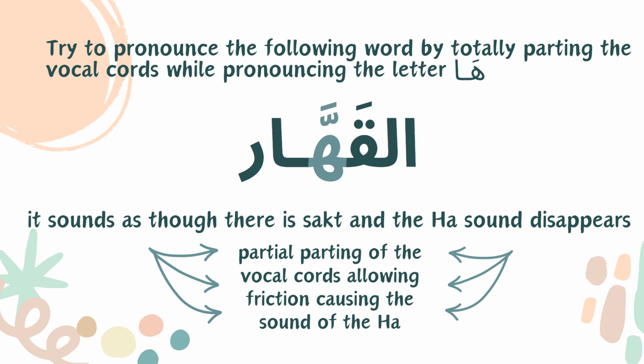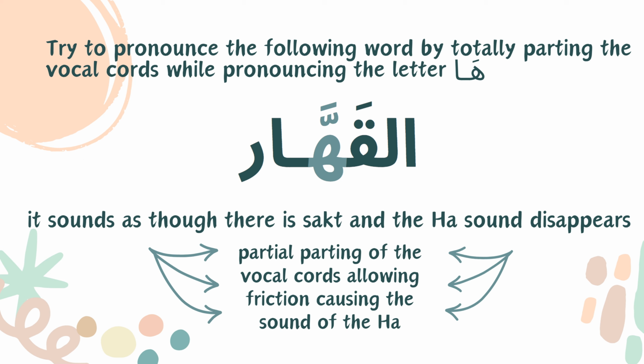In the hamza sakina, the makhraj closes, it collides, but in the ha, the makhraj does not close. This is the difference between both. The makhraj in the hamza closes, and these are the vocal cords, and in the ha they don't close.